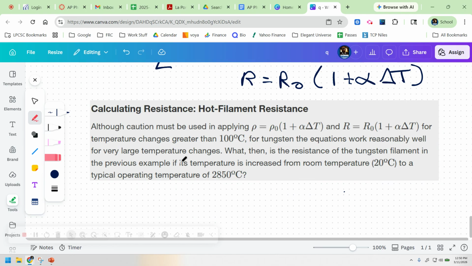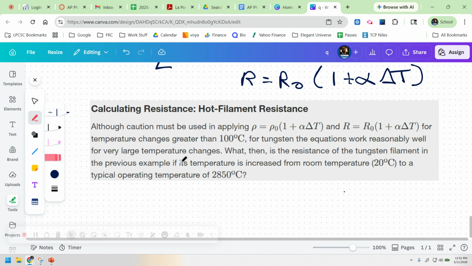All right, so although caution must be used when applying this formula for temperature changes greater than 100 degrees Celsius for tungsten, the equations work reasonably well for very large temperature changes.